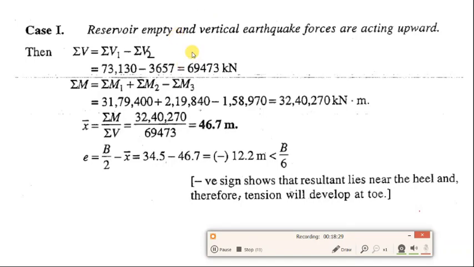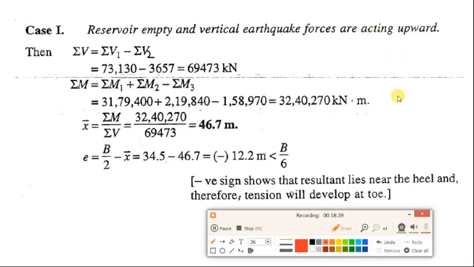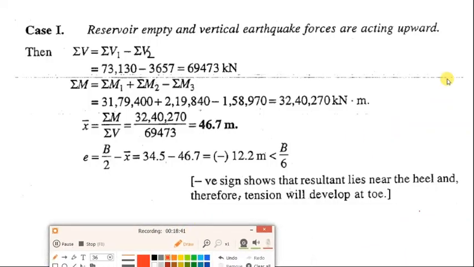So in this illustration I have considered the reservoir empty condition with vertical earthquake forces acting upward. You can also consider the worst case to be when the vertical force is acting downward. That may be another case. So for illustration purpose I have considered only one condition, that is when the earthquake force is acting upward.